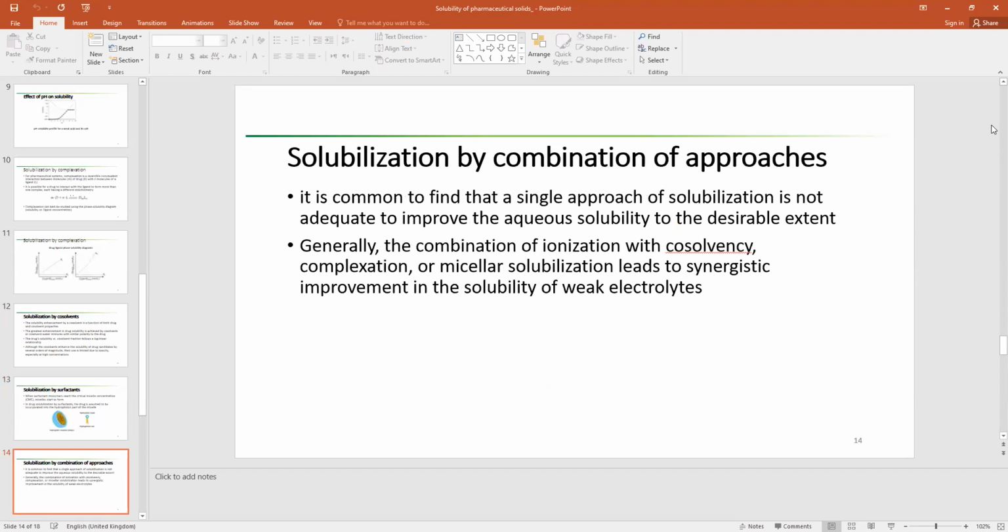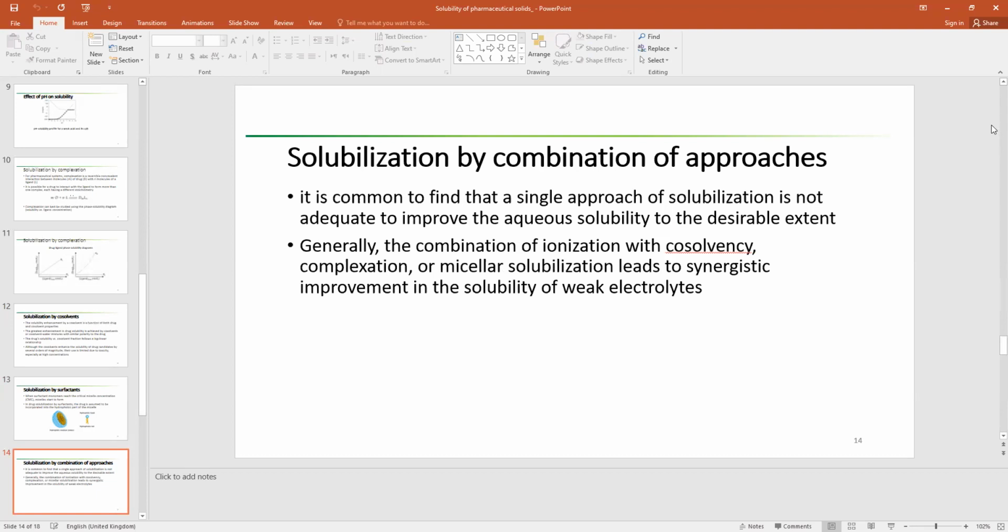Now, as you're aware, there are certain techniques and rules for using every approach. Of course, you cannot use pH alteration for a nonpolar drug, but wherever two techniques are possible for a certain drug candidate, as you understand how to make a rationale of it, it is common to find that a single approach is usually not adequate to improve the drug solubility.